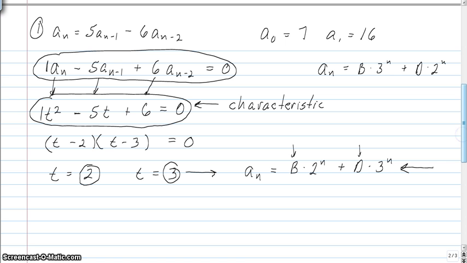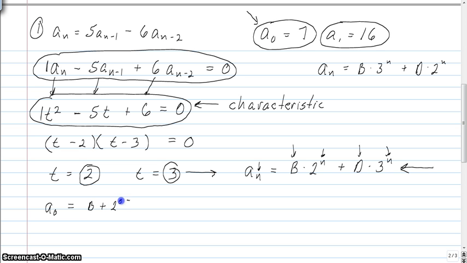And let's see if I can fit this in on this page. I'm going to apply these initial conditions to try to figure out those constants b and d. So if I apply this first condition, that says put 0 in for n. So I'm going to put 0 in for n here, in here, in here. Sorry, that should be b times 2 to the 0.